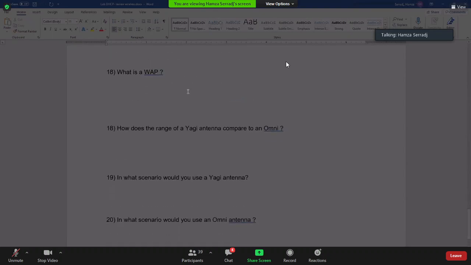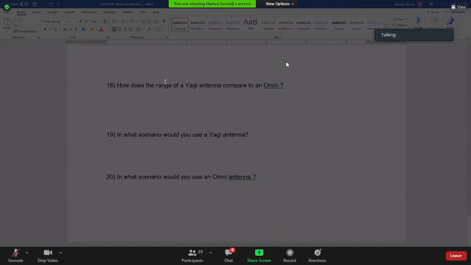What is the WAP? How does the range of a Yagi antenna compare to an Omni antenna? In what scenario would you use a Yagi antenna? In what scenario would you use an Omni antenna, right?